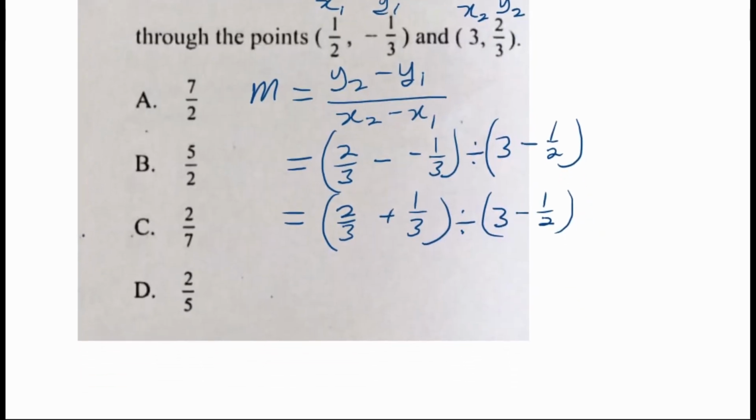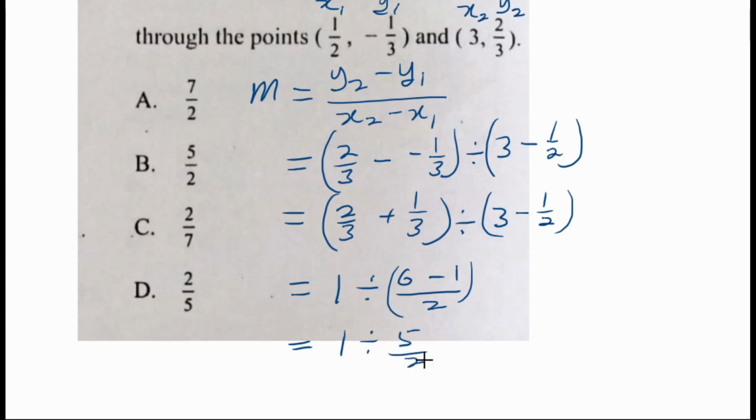And solving further, since these two share a common denominator, we're just going to add the numerators, which is 2 plus 1 divided by 3, which will give us 3/3, and that is 1. Then divided by, for this, the LCM is 2. 2 times 3 is 6 minus 1 all over 2. And that will give us 1 divided by 5/2.